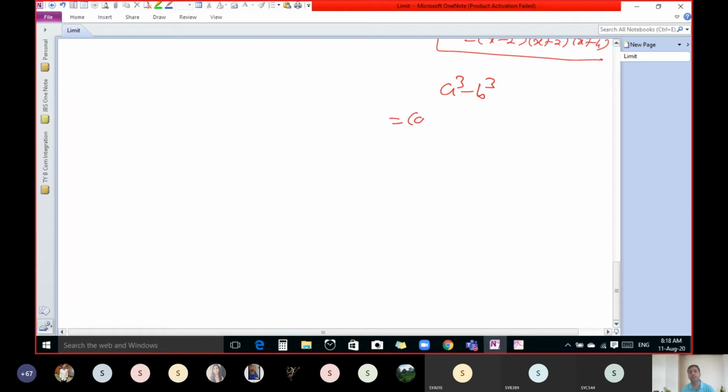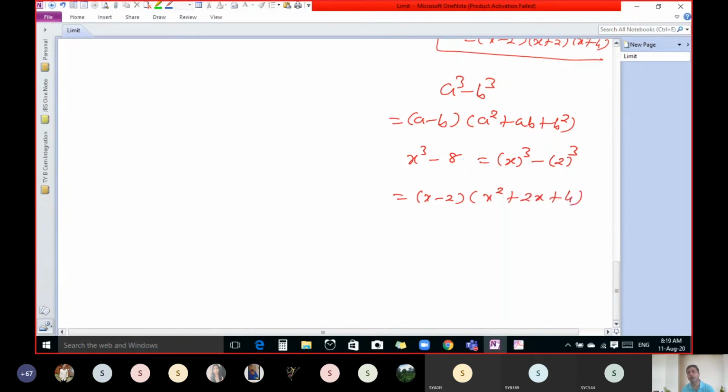There is one formula for a cube minus b cube. It is a minus b, a square plus ab plus b square. So use the formula. This is x cube minus 2 cube. So the factor is x minus 2 and x square plus 2x plus 2 square, which is 4. So the factor of denominator is x minus 2.